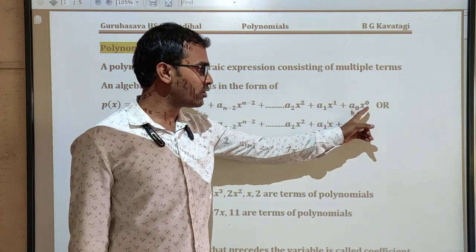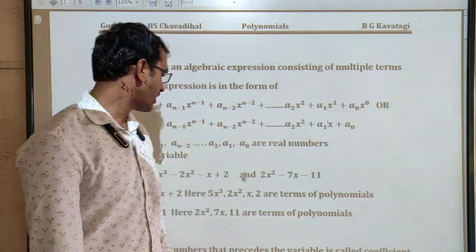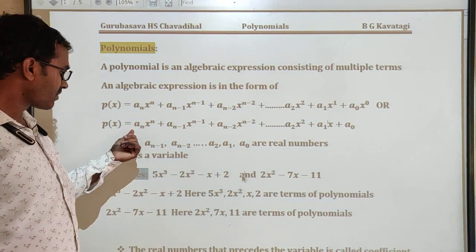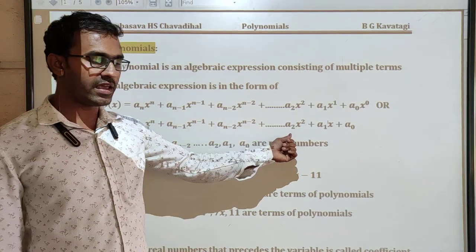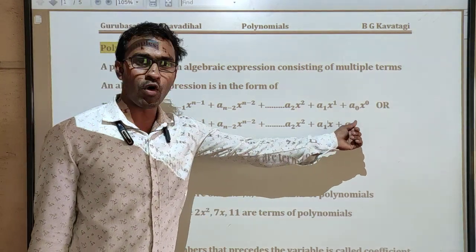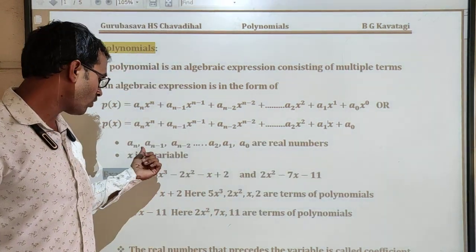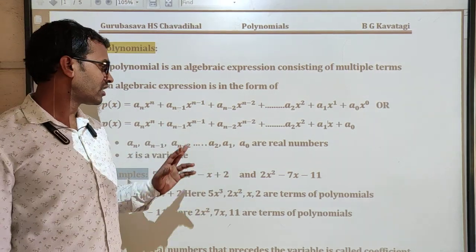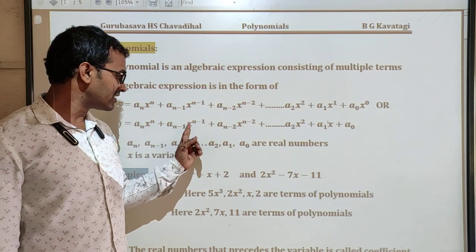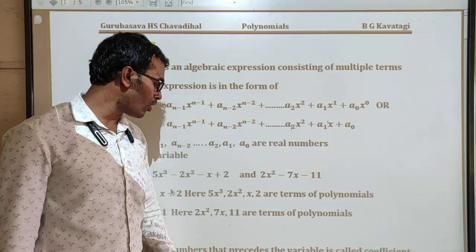Therefore a_0 into 1 equals a_0. Here a_n, a_(n-1), a_(n-2), up to a_2, a_1, a_0 are all real numbers, and x is a variable of the polynomial.